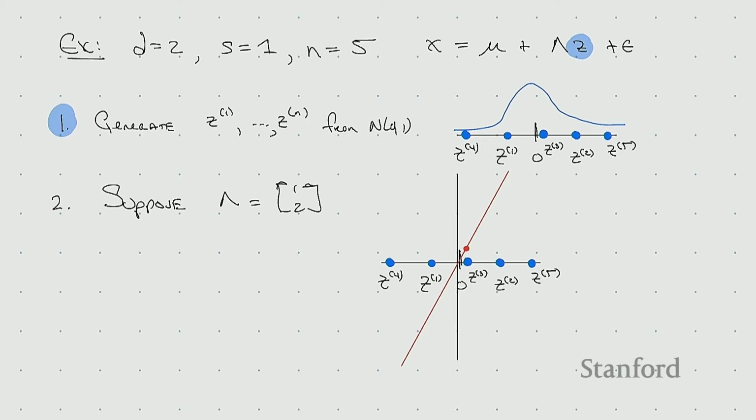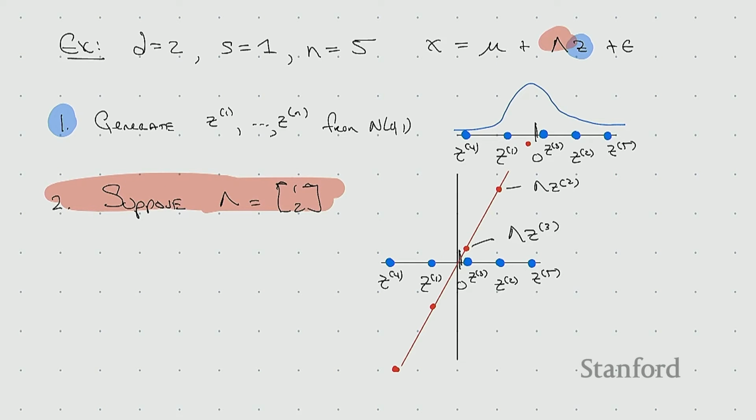It's a little small, but good enough. This one's mapped all the way up here, and down here and down here. So this point, for example, is lambda z3. This point is lambda z2. So far, so good?